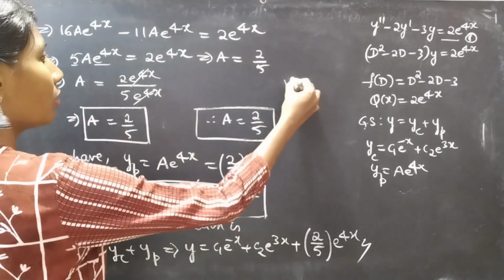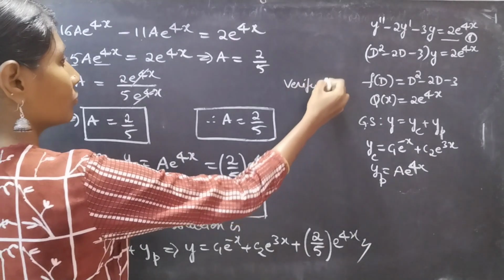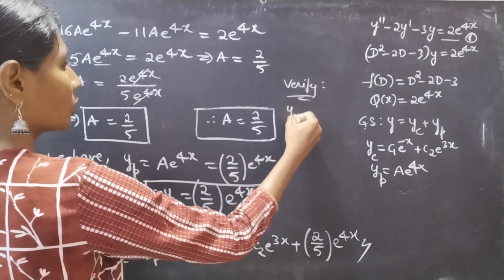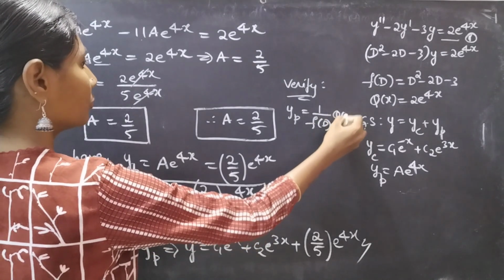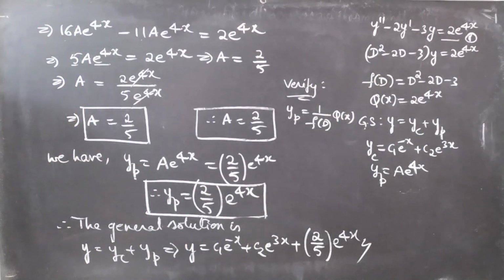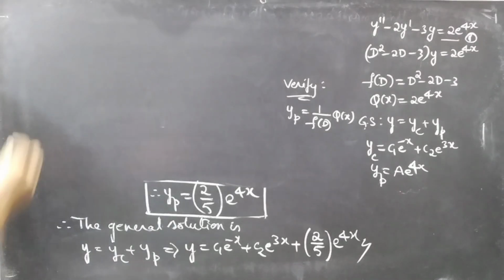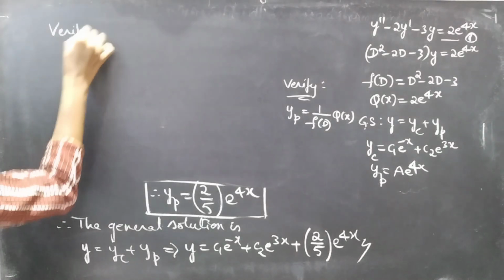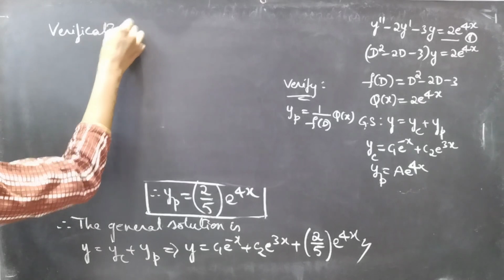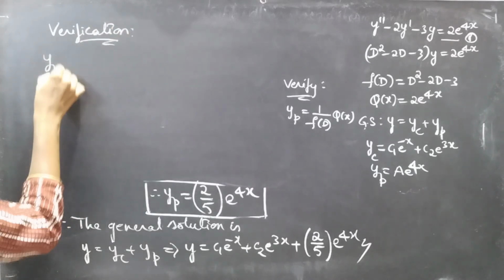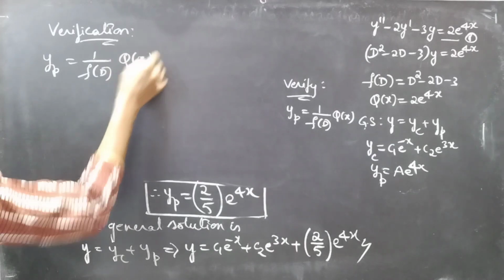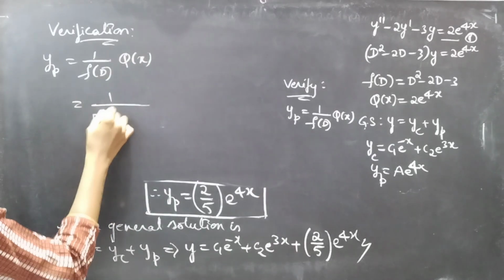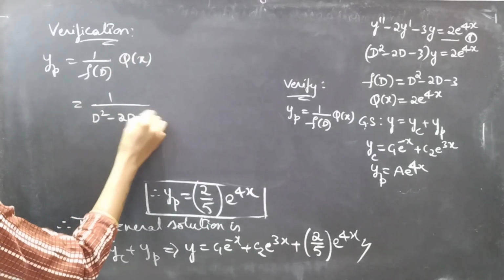Or you can just verify yp with the help of 1 by f of D into Q of x. I'll show you the verification part also. yp equal to 1 by f of D into Q of x. We have f of D equal to D squared minus 2D minus 3.